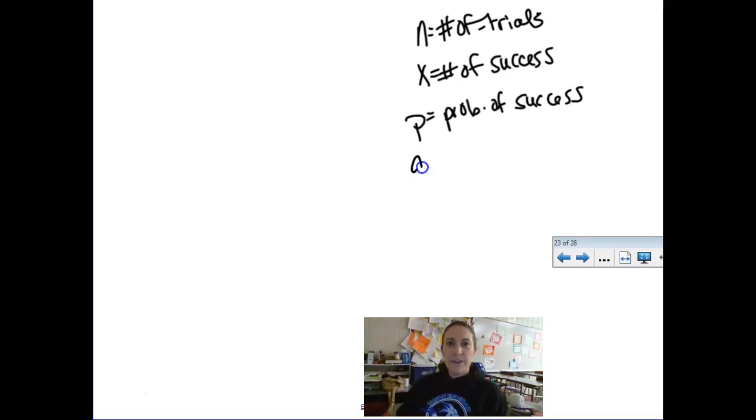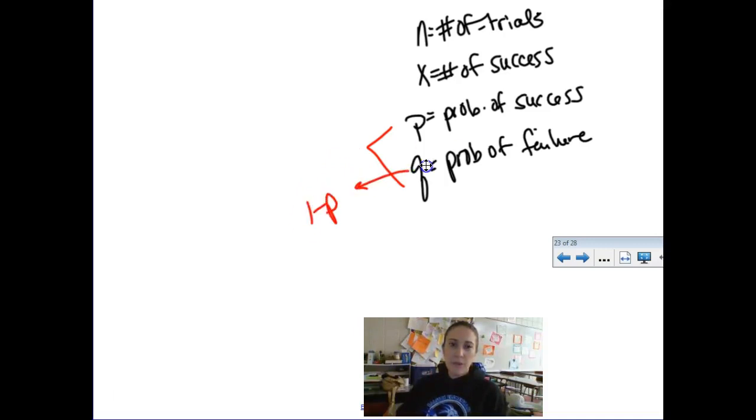And then there's something they define as Q, which is the probability of failure. And they might not tell you the probability of failure because these are complements to each other. So if they don't outright tell you Q, Q is just 1 minus P. For example, if probability of success is 40%, the probability of failure is 60%. So, I think we got them all.